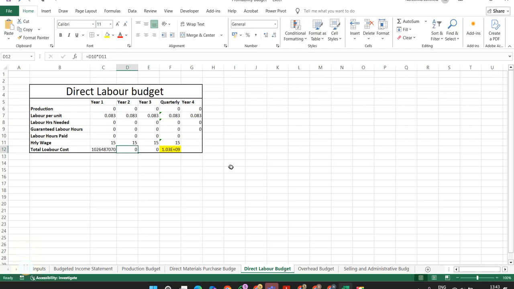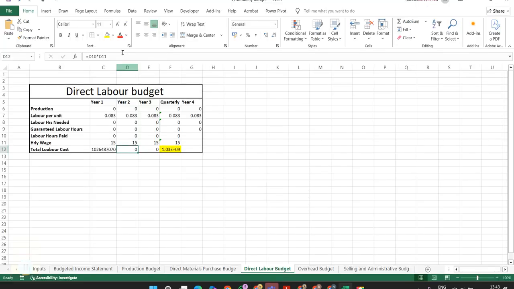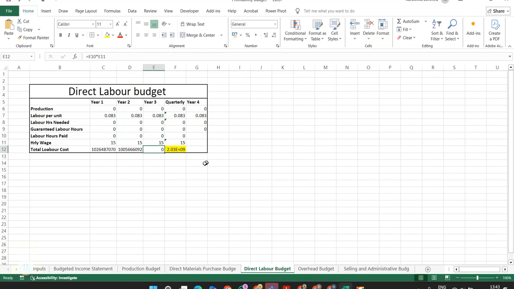Okay. So next, for year 2, what is the value for 2023? So this is the value. And I'm removing the minus. And the final value is this value.